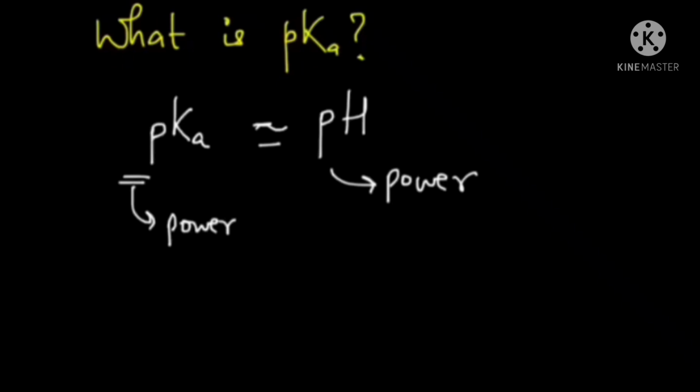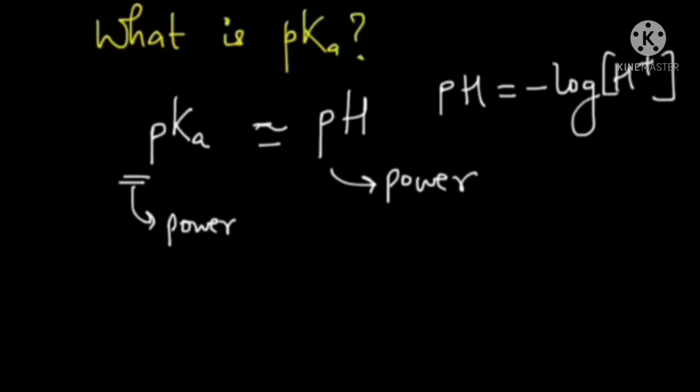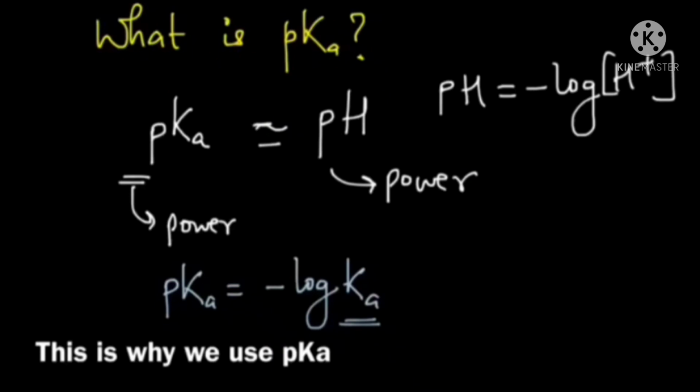And as we know that pH is defined as negative of log of H plus concentration, similarly, we define pKa as pKa equals to minus log Ka. So you can see in place of H plus concentration we are using the value of Ka. What that does is it takes the power of the Ka values and makes them simple decimal numbers.